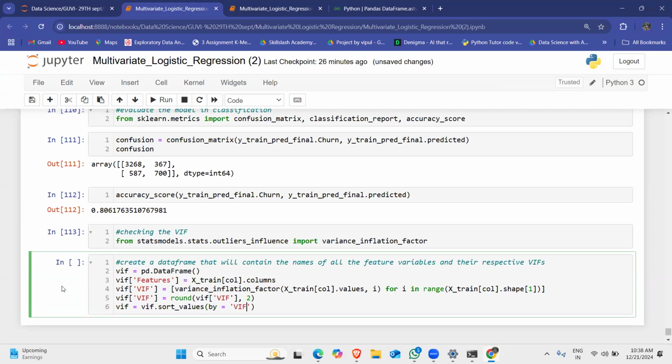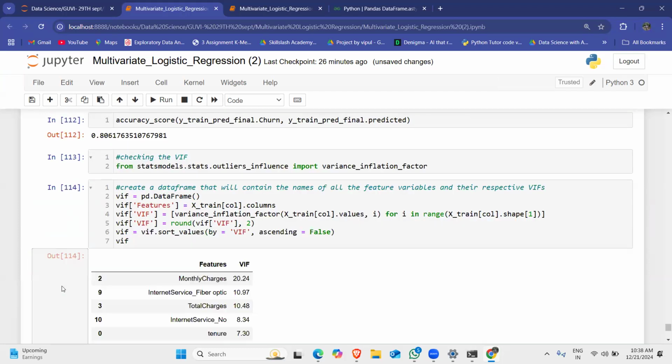We want to sort this by the VIF column, with ascending equals False. Then we'll check what is there in vif.